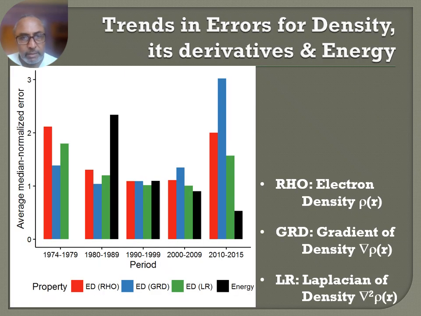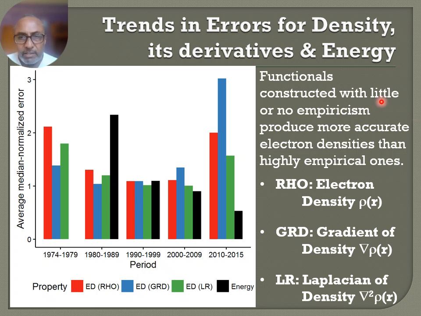So if we look at historical trends in the errors for the density, its derivatives and the energy, we see that the energy as given by the black bars has continuously improved over time, whereas the electron density given by the red bars and its gradient and the Laplacian have gotten worse in recent times.